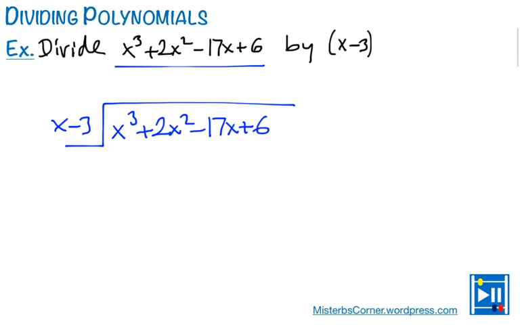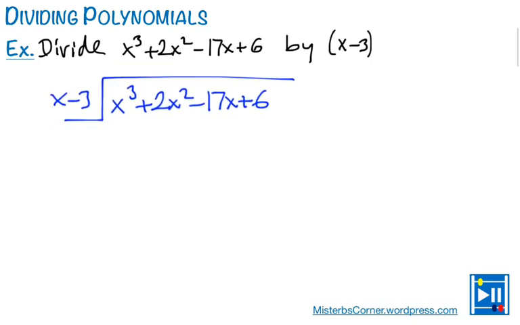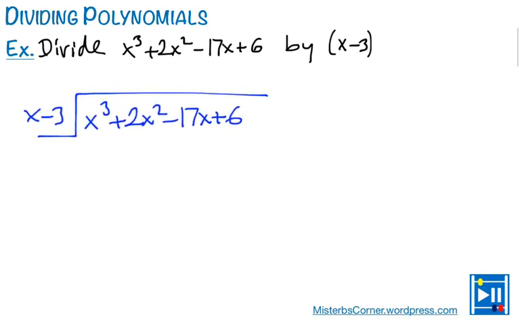I think it's best if I move it here. Okay, now let's start. I must get the first term here, which is x cubed. To get x cubed, I have to write here x squared, because I'm going to multiply x squared by this x minus 3 expression here.